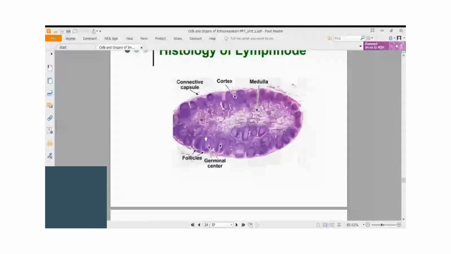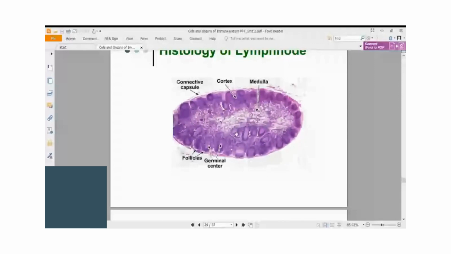In this picture you can make out the cortex area is the dark zone and the medulla area is the light zone, and the paracortex area, immediately after the cortex area, is also called the light zone.